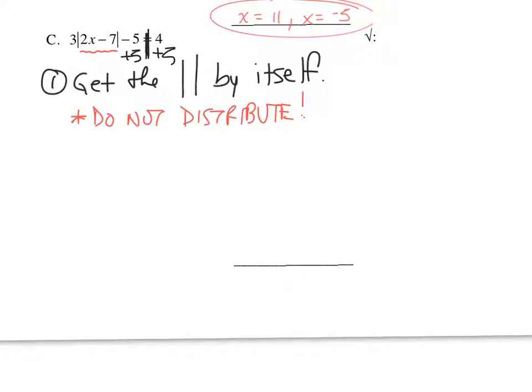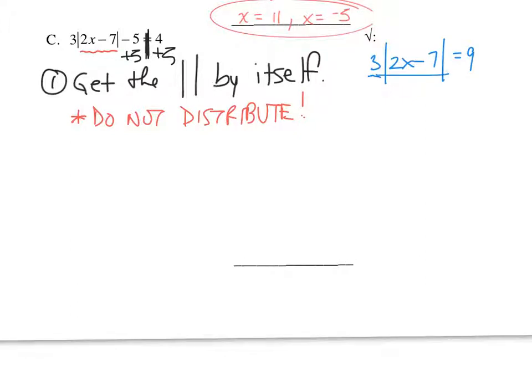Okay, so now that gives us 3 times the absolute value of 2x minus 7 is equal to what? 9. Now, I want to get rid of this 3. Now, you said to distribute, but we said do not distribute. So what can I do instead of distributing? What's the opposite of multiplying?